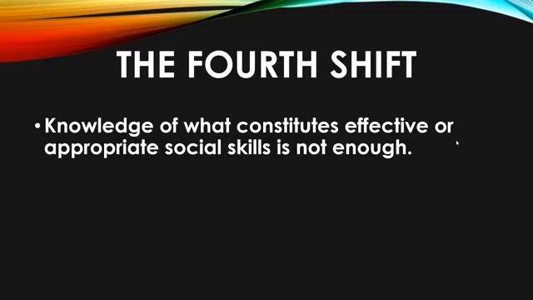Sometimes, with those examples that I gave just earlier, we might accept a certain behavior because we know that for this particular student, that is going to be an effective means of working through a certain situation. It might not be what we think is the perfect ideal way to act, but it might be something that is perfectly effective for that student. So that's something that we want to keep in mind as well.